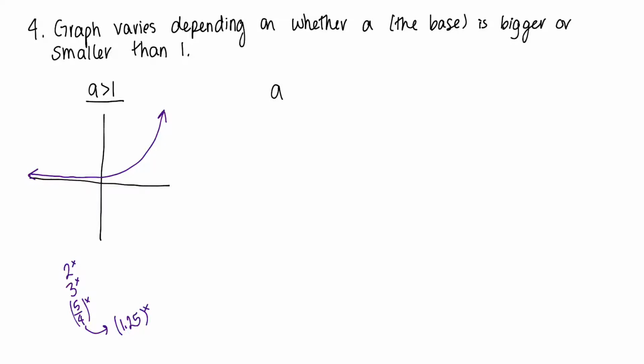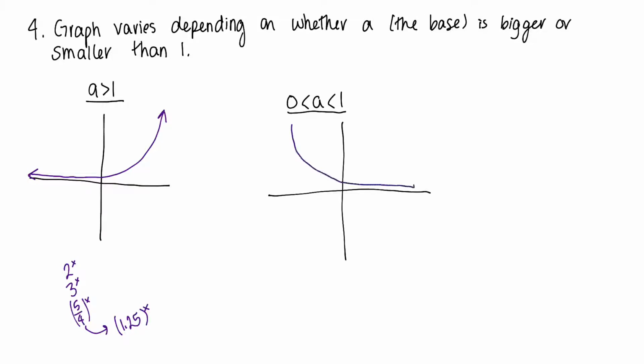If a is less than 1, it still has to be greater than 0, so I'm going to write it like this. a has to be greater than 0 because that was one of the properties we talked about right away. But if it's less than 1, then it's going to flip and be big on the left and small on the right.